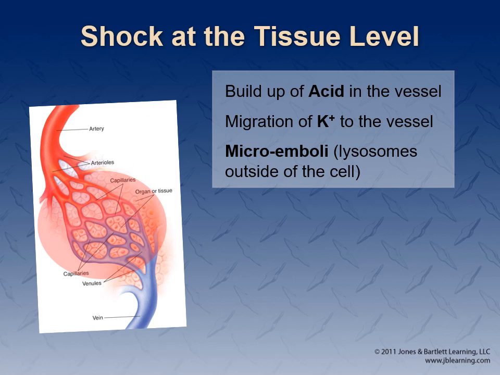It just knows what's supposed to be inside the cell. What is garbage in the cell? When it's outside the cell, running rogue, it's going to start killing stuff that doesn't need to be killed. All right? Lysosomes are on the outside of the cell now. Potassium is on the outside of the cell. Acidosis, so again, our pH is low.